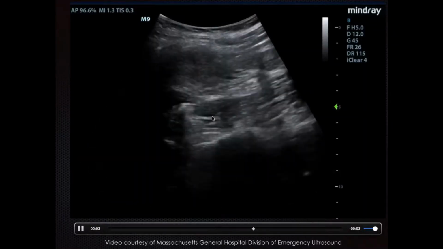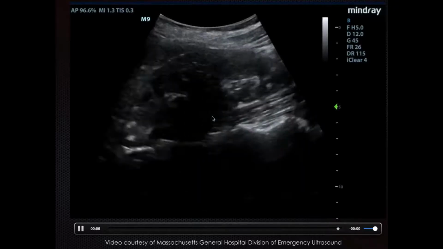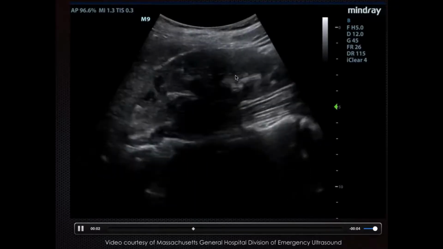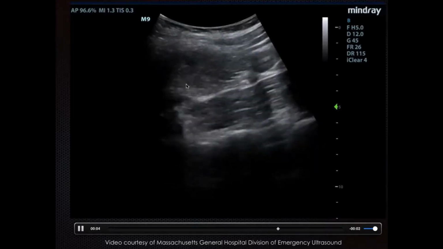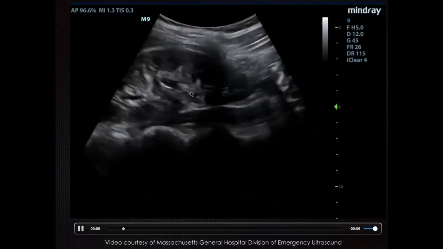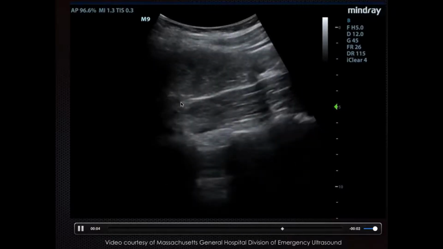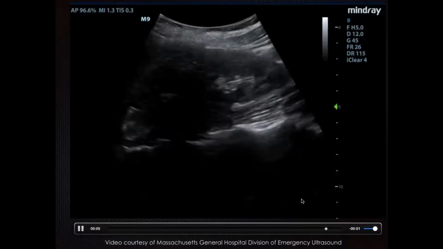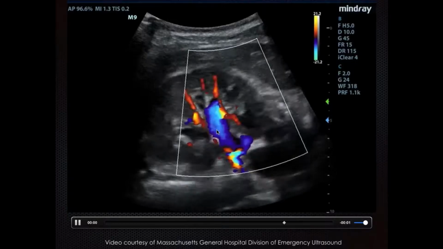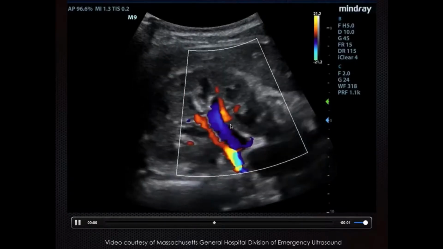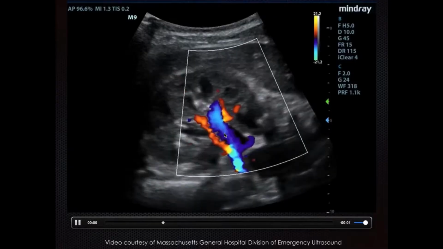Now, what are the pitfalls of making calls on hydronephrosis? So let's say you have a patient here, and this is the kidney scan that you obtain. You can see some anechoic areas within the pelvis of the kidney. So it's helpful, ideally for all patients, to put on some Doppler to make sure that what you're looking at actually isn't just renal vessels.